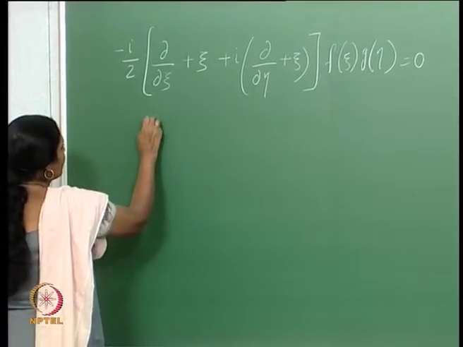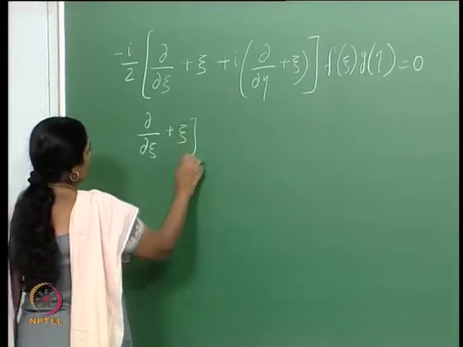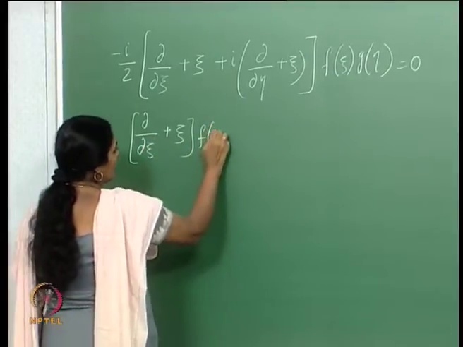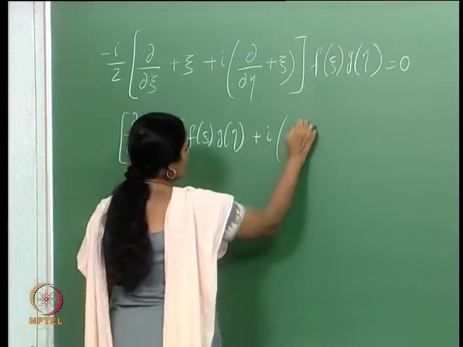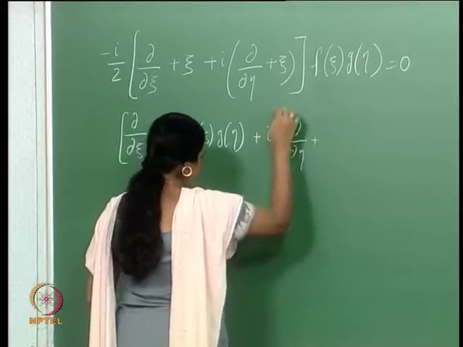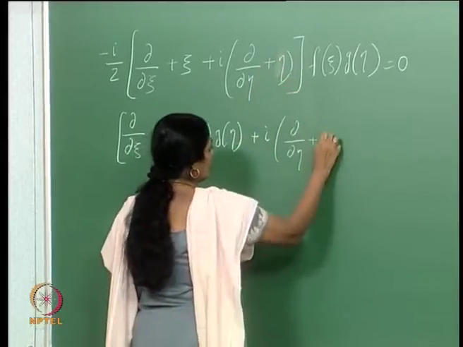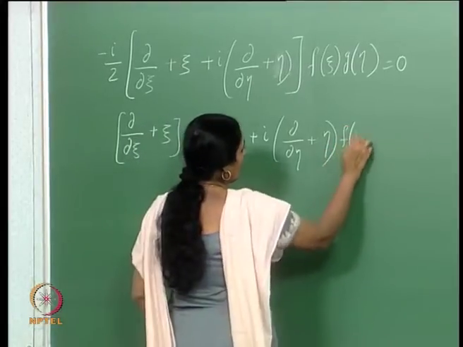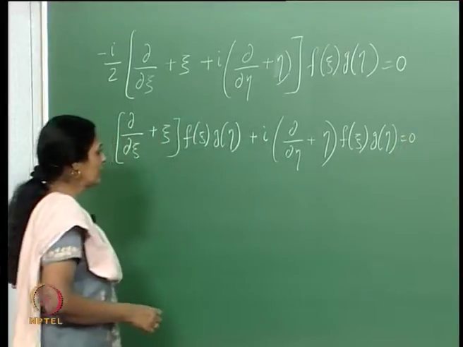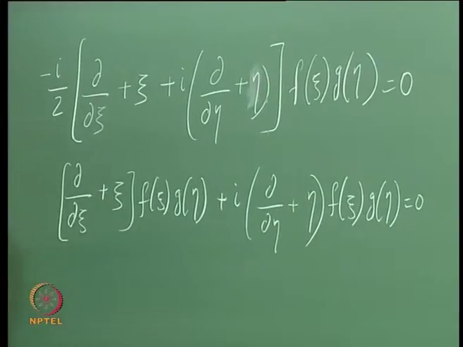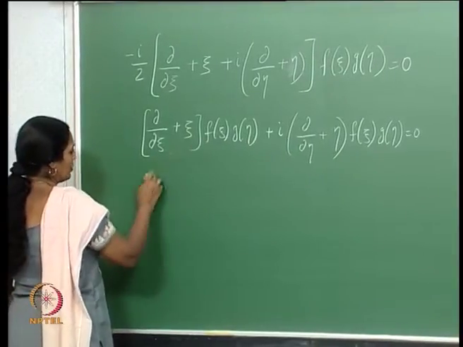So I basically have ∂/∂zeta plus zeta f of zeta g of eta plus i ∂/∂eta plus, that is eta not zeta, f of zeta g of eta equals 0. As we always do in separation of variables, let me divide by f of zeta g of eta.